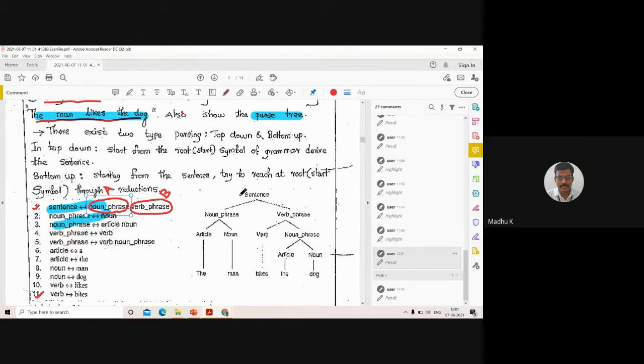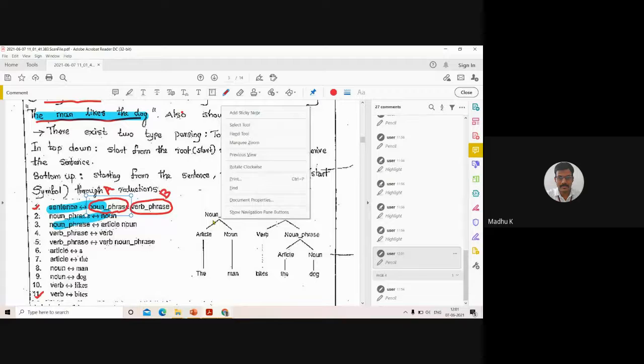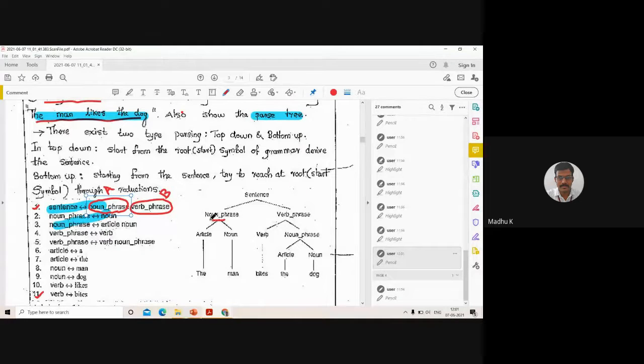We can replace the sentence with the noun phrase, verb phrase. So the tree will be like this. We are replacing the sentence with these two terms.